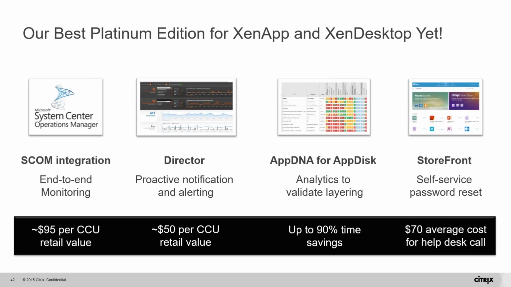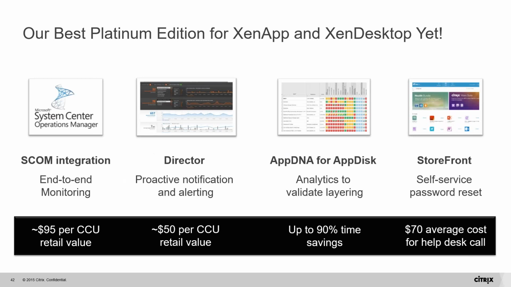So I'll go into a little more detail on the Platinum Edition and some of the functions and features you get. A lot of it is wrapped around monitoring. Citrix Director is our monitoring product. Some of our older customers that are using 6.5 and 4.5, older versions of XenApp, find the monitoring features a little bit challenging.